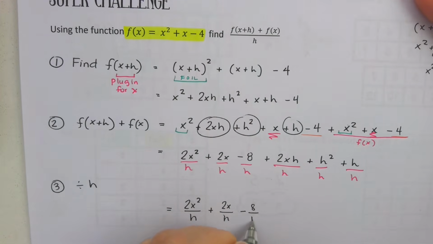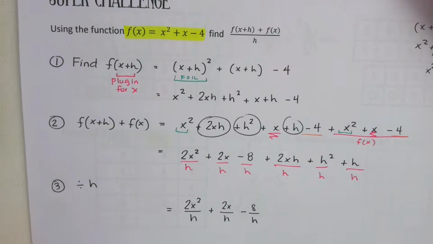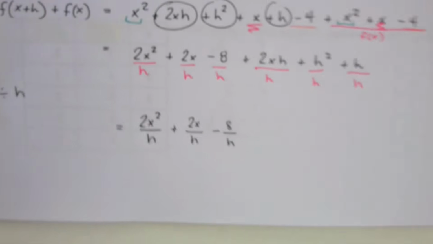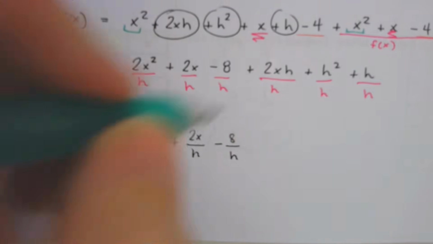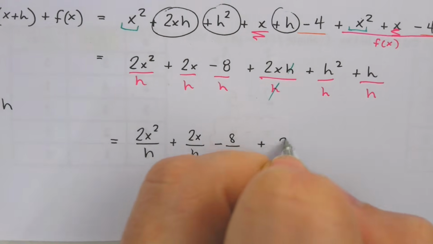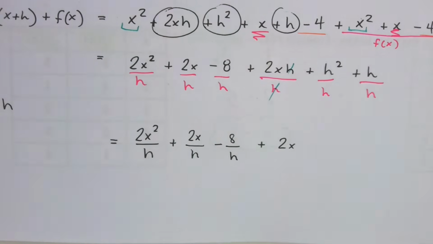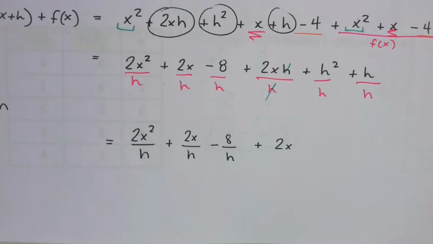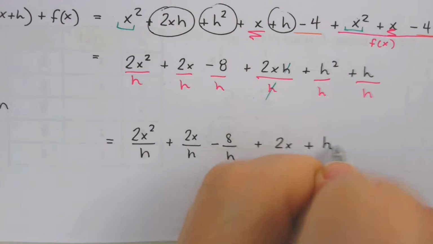No. What about 2xh over h? Yes. The h's cancel, and we're left with just 2x. What about h squared over h? Just h, right? Because you have 2 h's on the top, 1 on the bottom, so you cancel 1 from each place, and you're left with just 1.